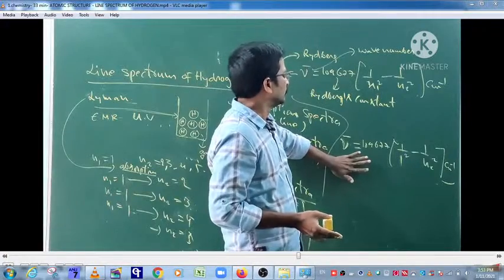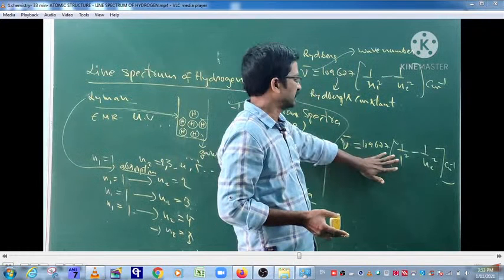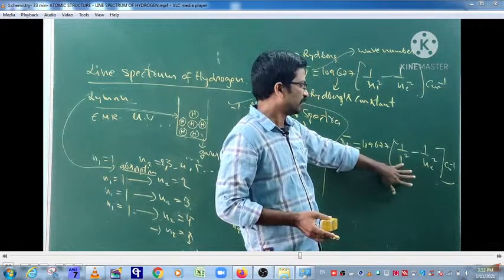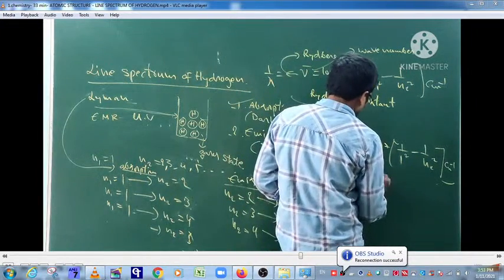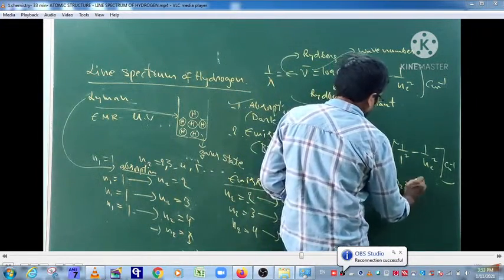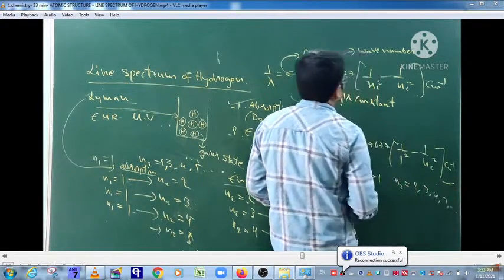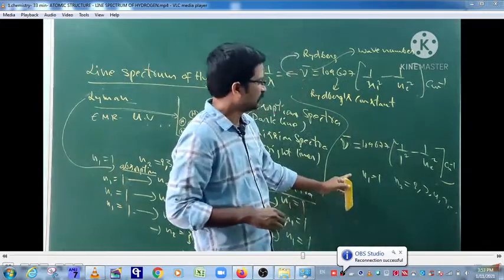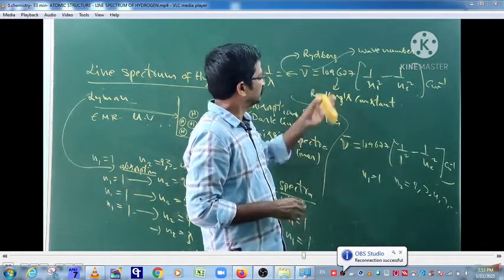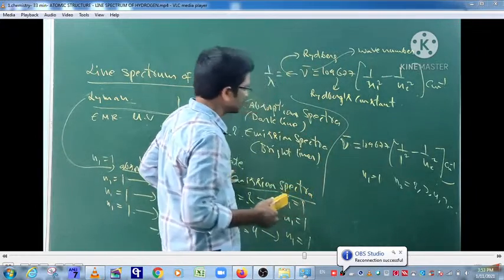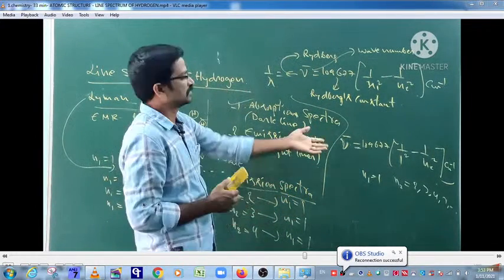Wave number nu bar is equal to 109,677 into 1 by n1 square minus 1 by n2 square, where n1 is equal to 1 and n2 is equal to 2, 3, 4 and so on. Lyman explained the spectral lines by using this formula, Rydberg's formula.